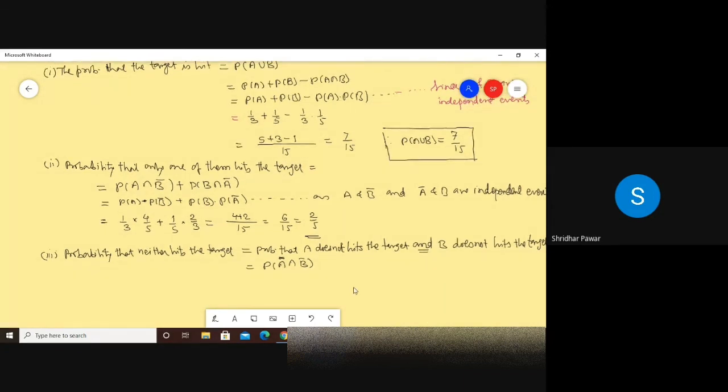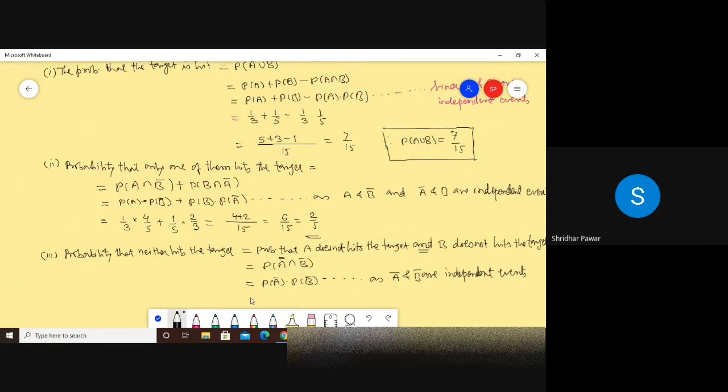Okay, so these are independent events. Therefore, as these are independent, probability of their intersection is the product. So this is equal to P of A bar into P of B complement, that is B bar.